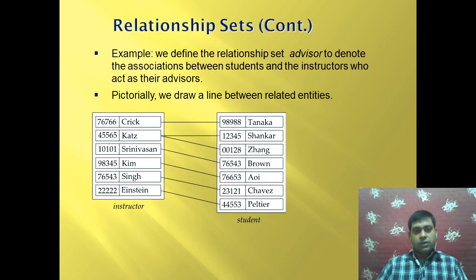So, here we see that instructor and student, these are two different entity sets, and they are interlinked, means one is connected to another. Who is the advisor of which student, means which instructor is connected to which student, that particular thing is mentioned over here.